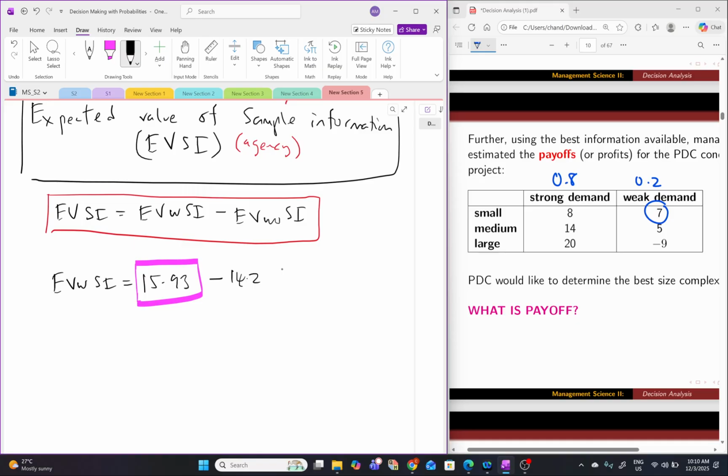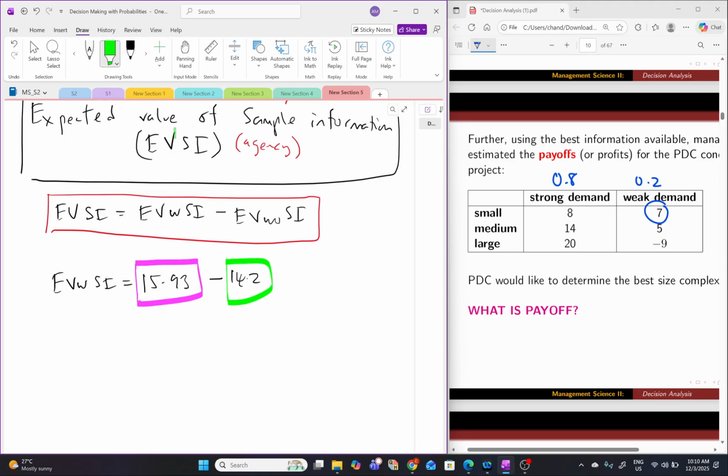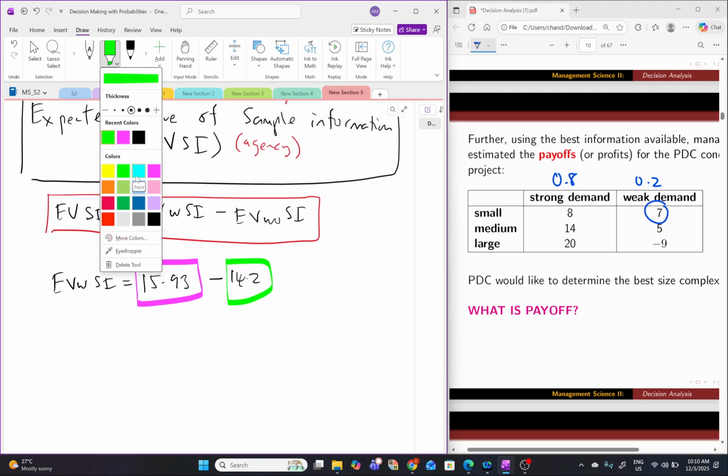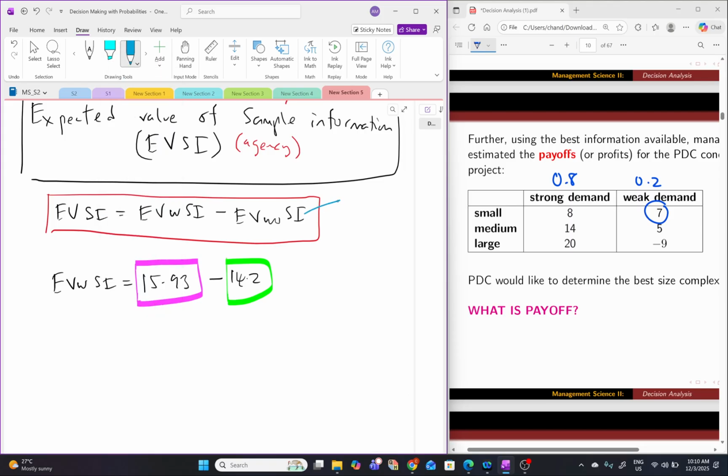Yeah, 14.2. This is your green color. Ini sama. Ini adalah saya letak sini. Yang ini adalah sama dengan EV without PI, sama nilai dia.